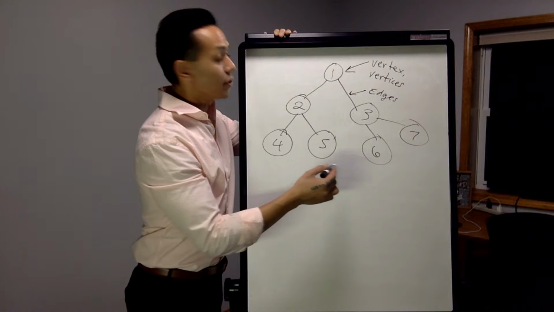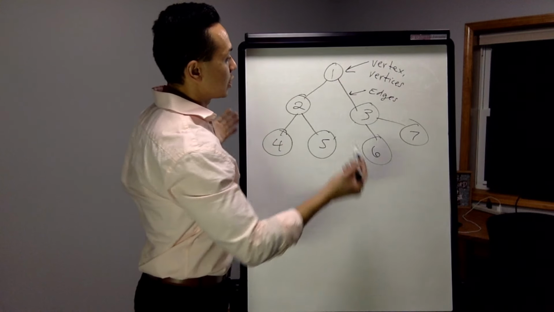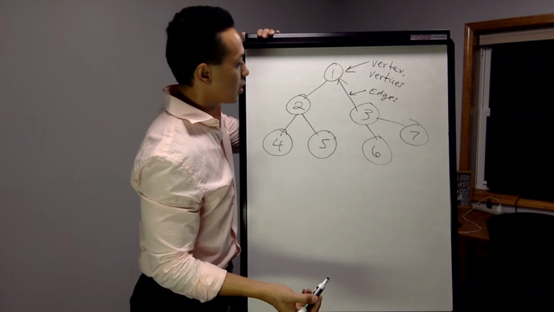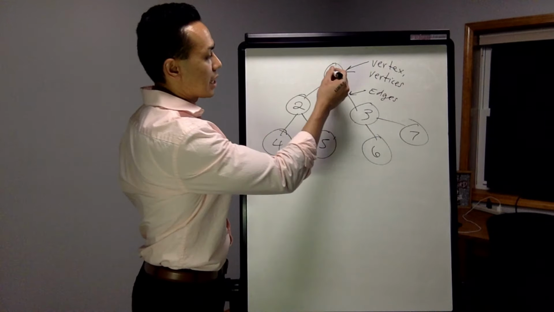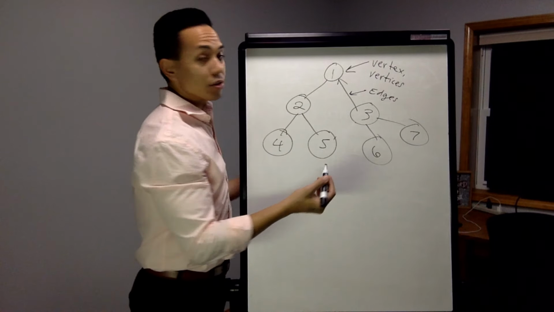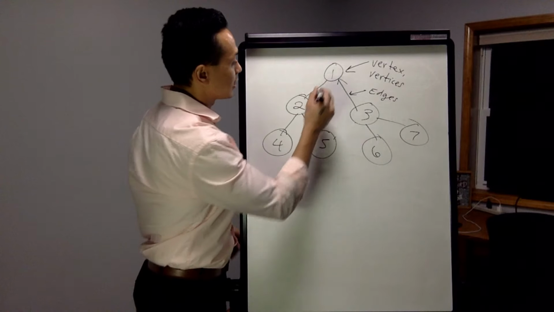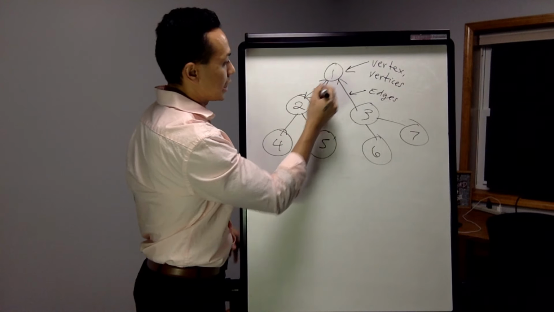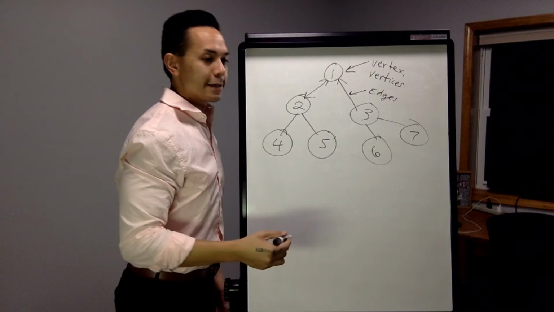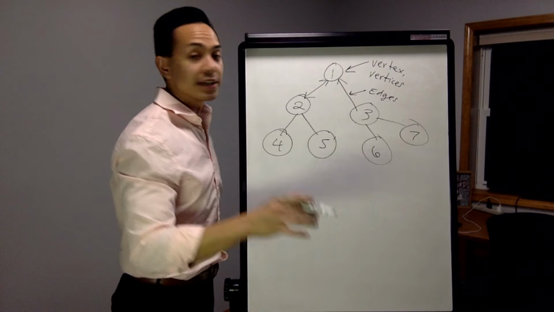And so you can have a unidirectional relationship, like a one-way relationship, right? That's where the girl likes the guy, but the guy doesn't like the girl back. You can also have bidirectional relationships where the arrow points both ways, indicating a two-way relationship. Think of Facebook, right?